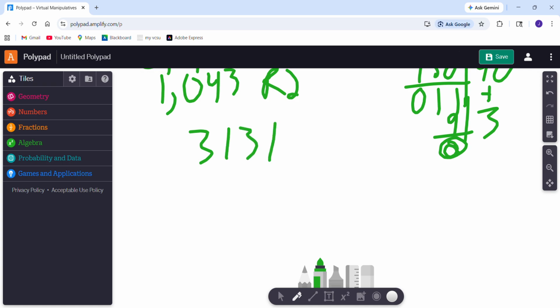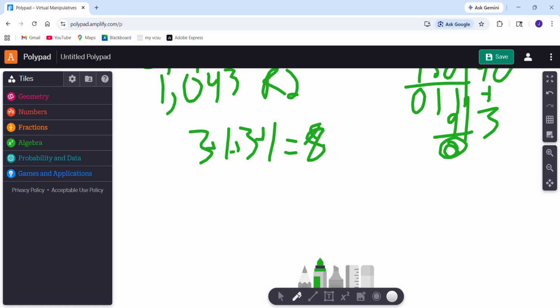Now, finally, how do you make 3,131 divisible evenly by 3? Well, using the divisibility test for 3, if you add all these numbers together, and if that number is divisible by 3, then it's divisible by 3. Well, this isn't, because this adds up to 8.